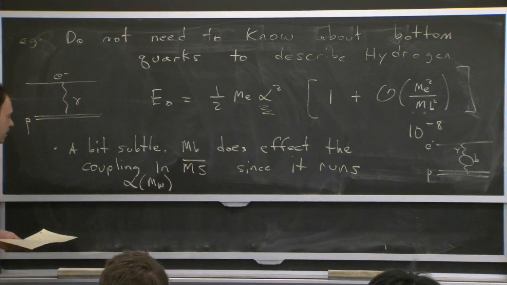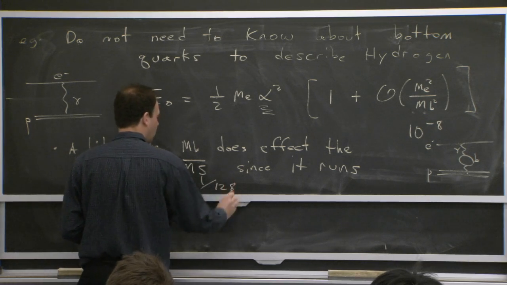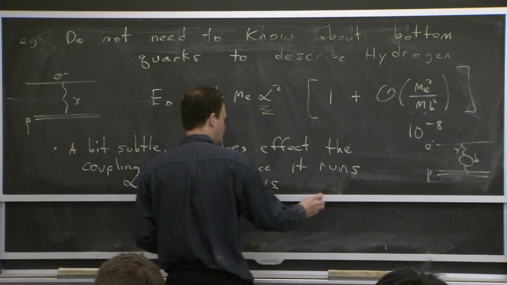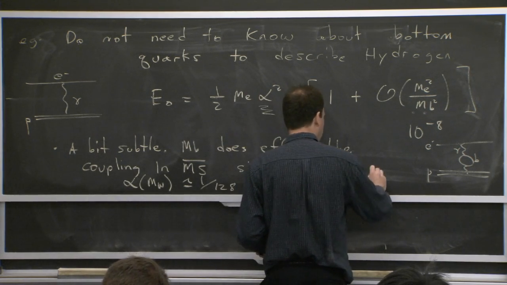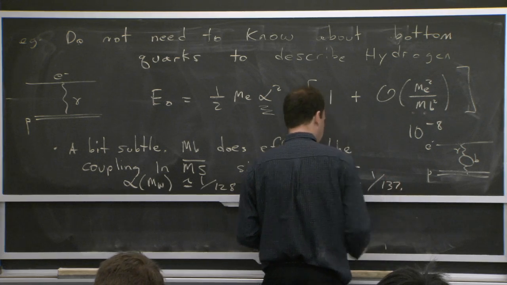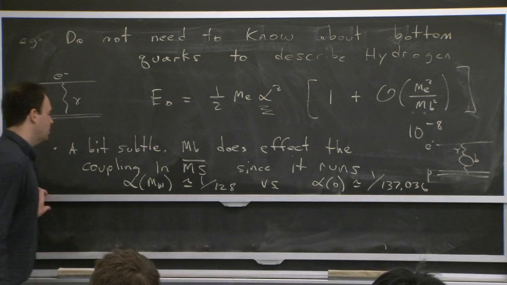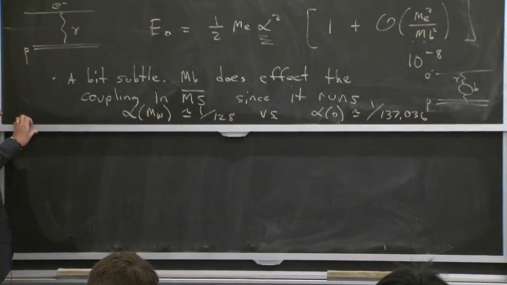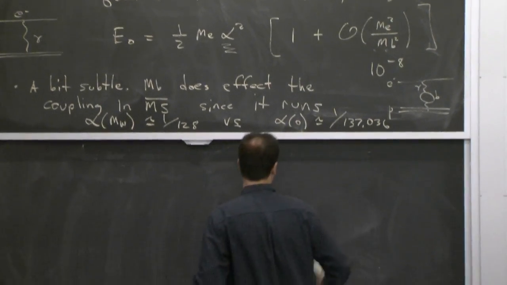If you evaluate it at a scale like the W mass, then it's like 1 over 128, versus if you evaluate it at a very low energy, the electron mass or below, then it's the classic 1 over 137.036. So there's some change, and the bottom quark is part of what contributes to that change. Of course, other particles are contributing too.